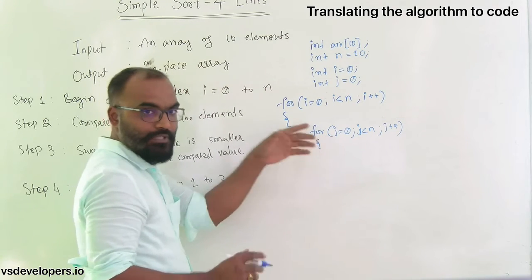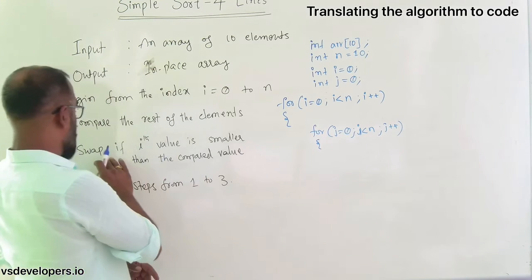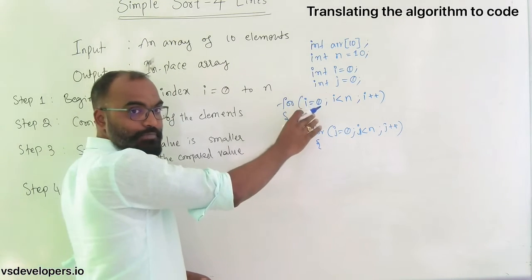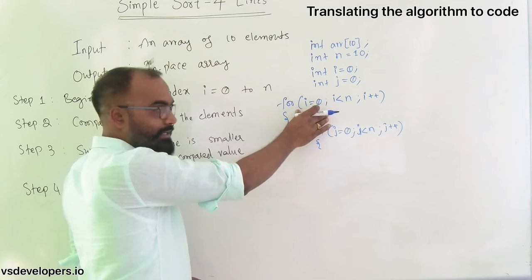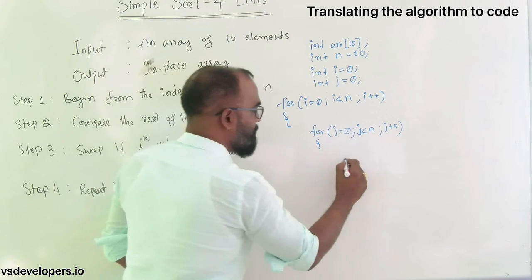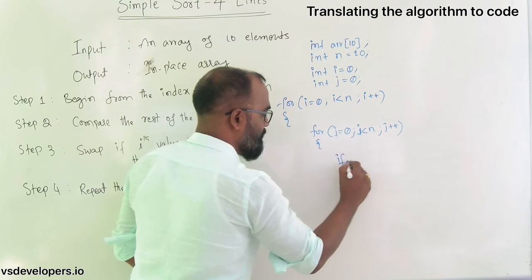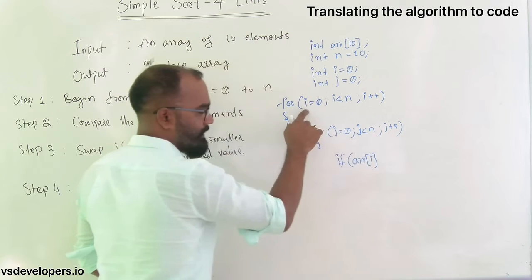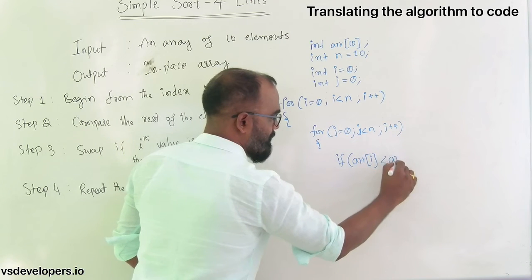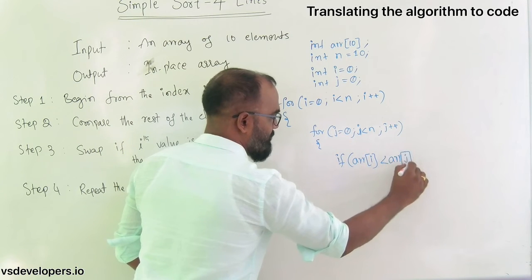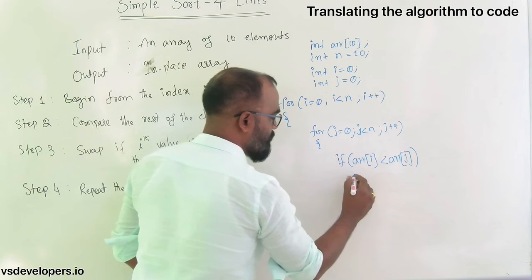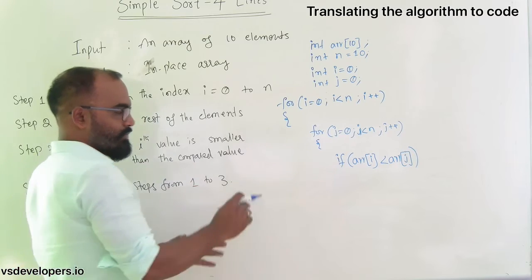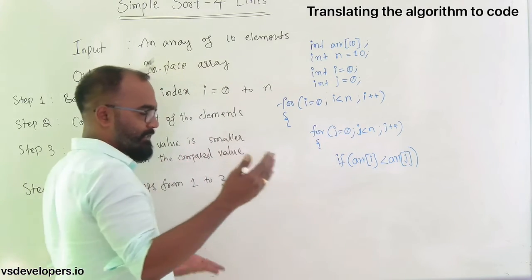Then what do you need to do? The actual operation, right? Compare and swap. So far we are only focused on the iteration part. This is the outer index, this is the inner index, and now compare if array of i, at the outer index, is less than array of j. Then what do you need to do? Swap, right? So we need to swap there. Let us write swapping of two variables without writing a function.